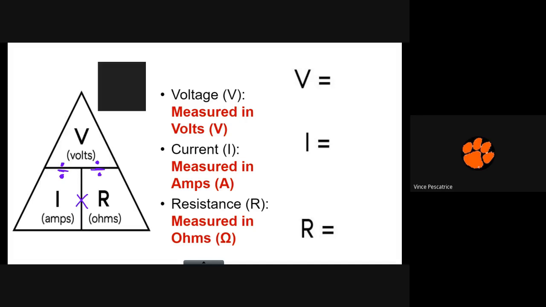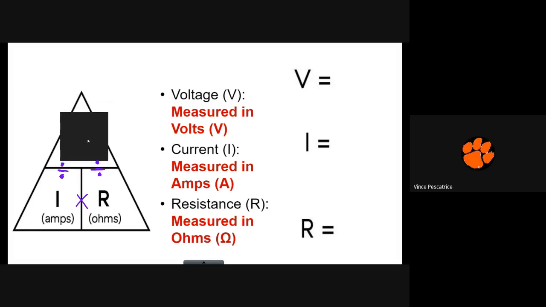So, for example, if the question asks you to calculate the voltage, you're going to drag the box or your finger over the voltage in the triangle. And as you can see, you are left with I and R on the bottom. That means that your formula will be voltage is equal to current times resistance.